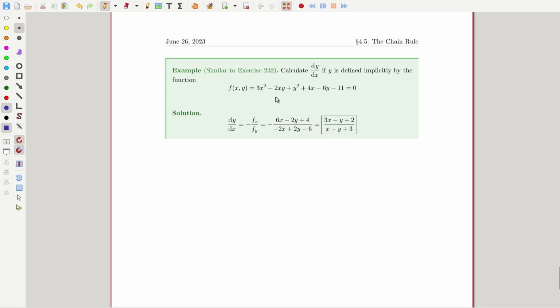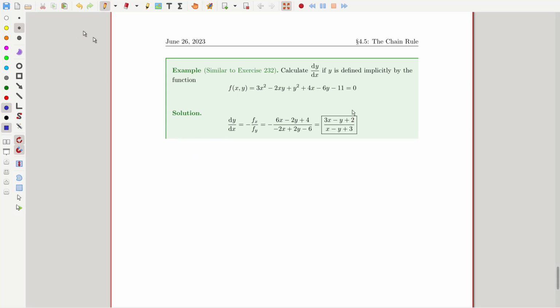And for the partial derivative with respect to y, minus 2x plus 2y minus 6, which is there. And then I multiply the negative into the denominator, and I cancel by 2. Everything cancels by 2.